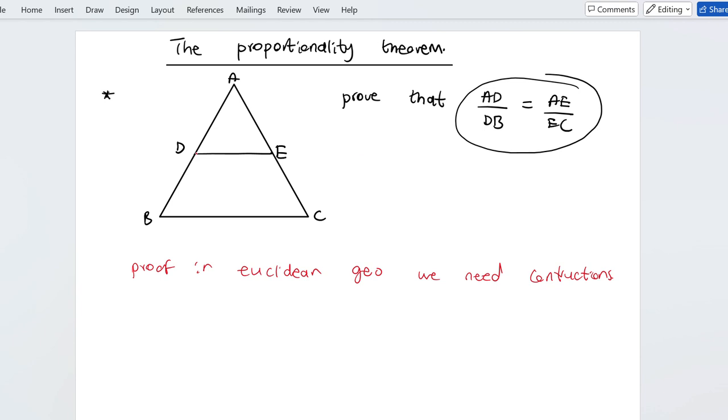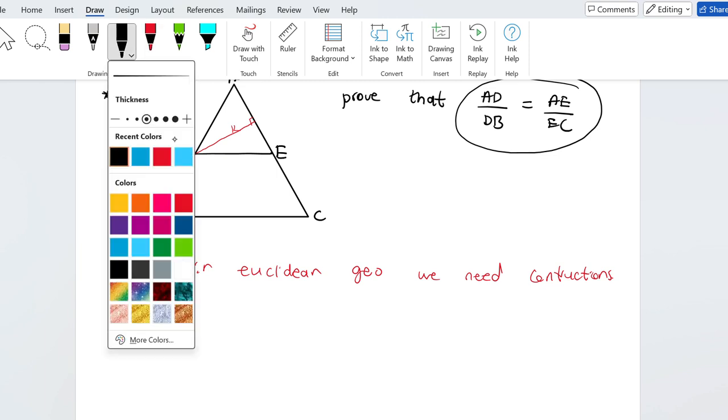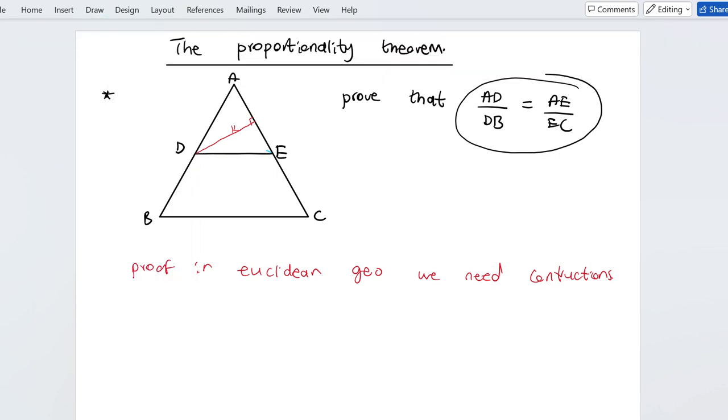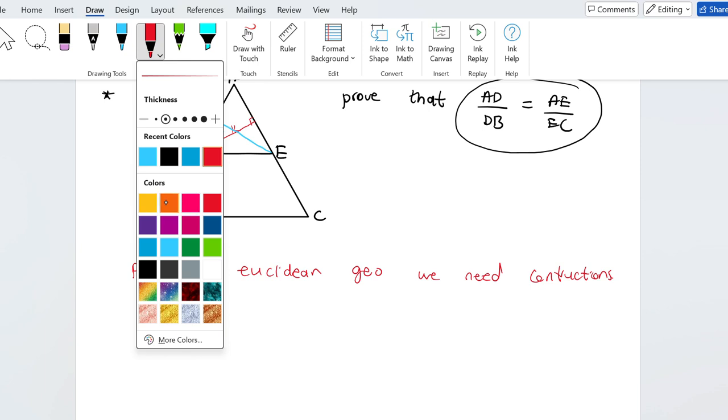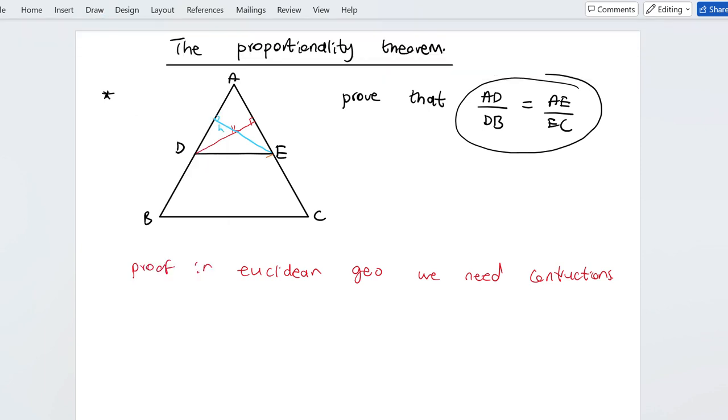So I'm going to draw a line from here to here and call this line K. And then I'm going to draw the other line from point E to that point, and I'm going to call this line H. Now, I'm going to further join these two. I'm going to use a different color for that. So I'm going to join this one, and I'm also going to join these two.